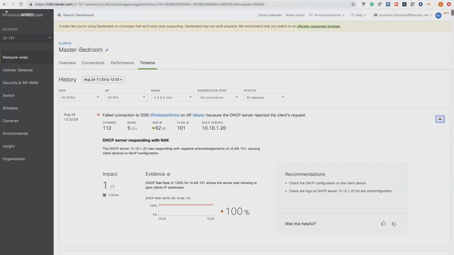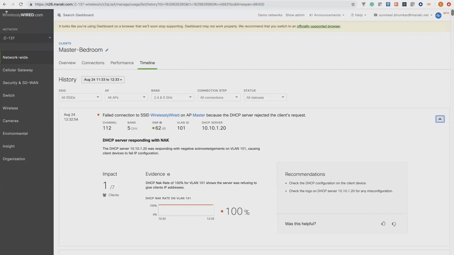Now, the second thing that I want to talk about was DHCP. And I think this was an interesting one that I found for DHCP NAC. It's hard to find DHCP NAC issues. And this is one of the cases where we found that the DHCP server wasn't actually responding. And so what we do is the same approach. We detect what the issue is in a very colloquial fashion.